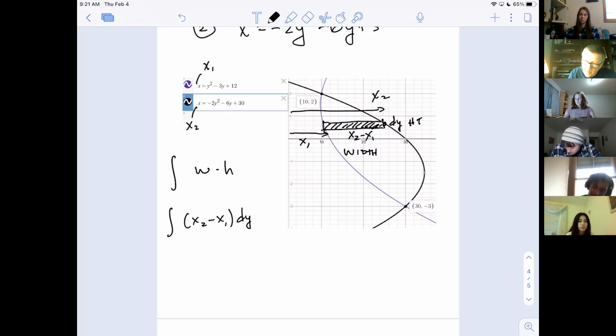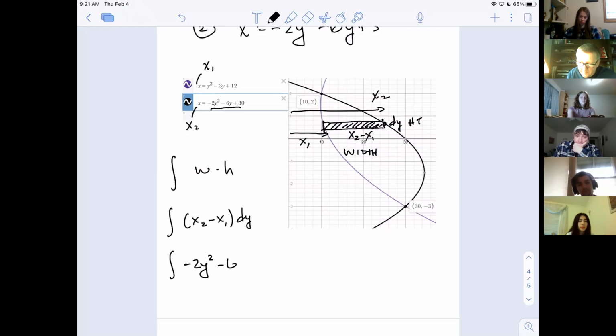Well, thank God our equations up here tell us how to switch out x2. X2 does not have to be x, it can be y. All I have to do is switch out what it is. Like, look, there's x2 right there. I'll replace x2 with what it is, negative 2y squared minus 6y plus 30. There's x2 replaced with y's. And then minus x1, which again, I'm going to be careful and put into parentheses.